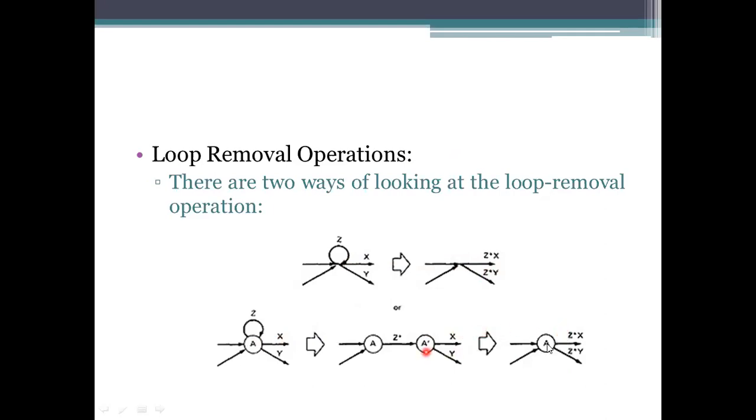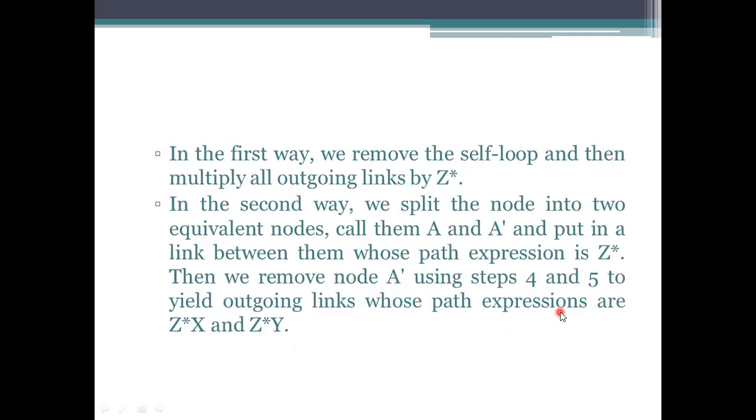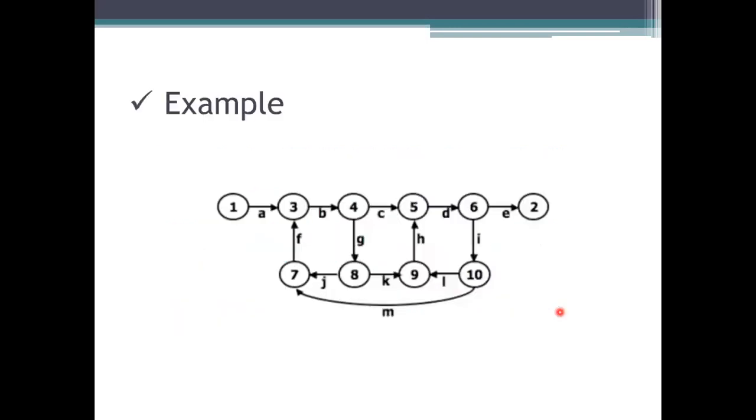And we are removing that loop, that node, and we are specifying Z star X here. So this is one way of removing, and there is another way of removing. In that one, we are only thinking about the outgoing links which have been multiplied with the Z star. Then in the second step, we are adding one node, and next we are removing it. This is the example we are having for processing.